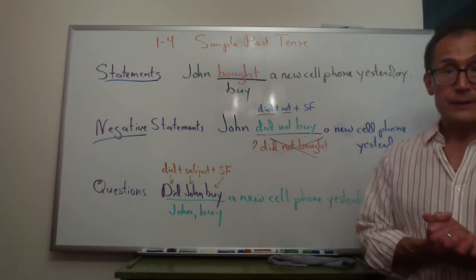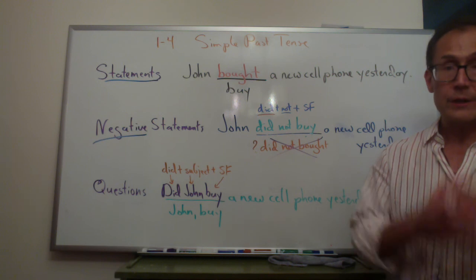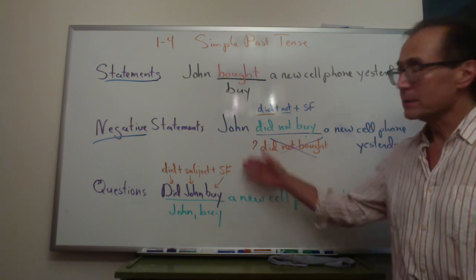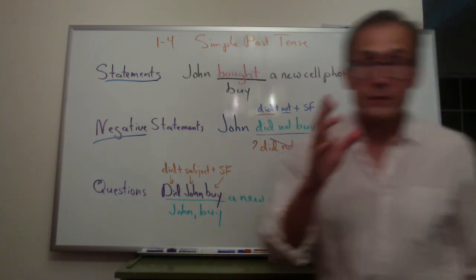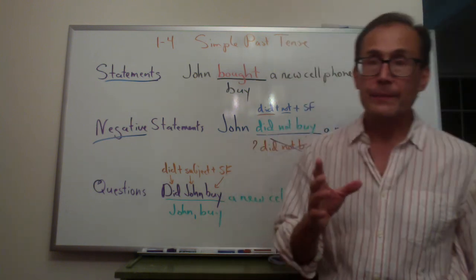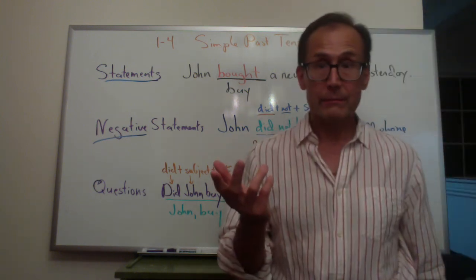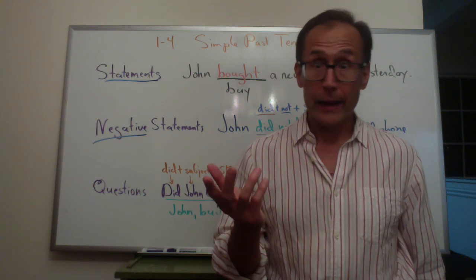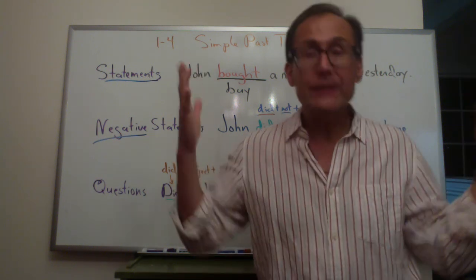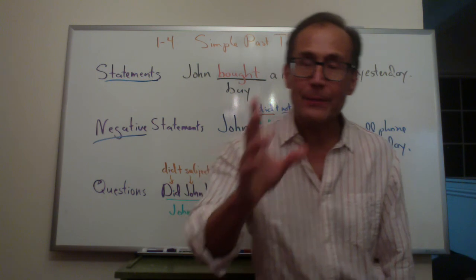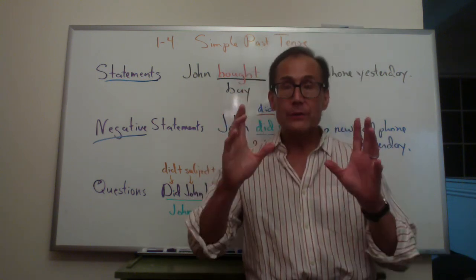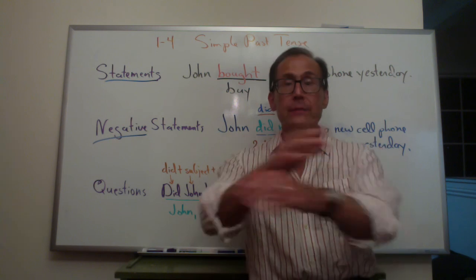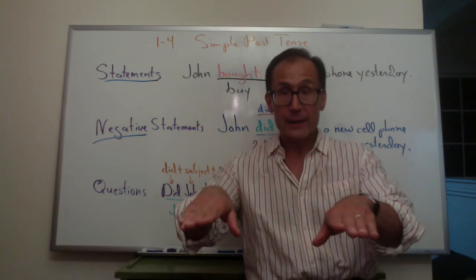Now, there are a couple of other things that I want to tell you about simple past. First thing about simple past is, what does it mean? It means that it's past. But something about that I want to make clear for you is, when I mean it happens in the past, it means it's finished in the past.